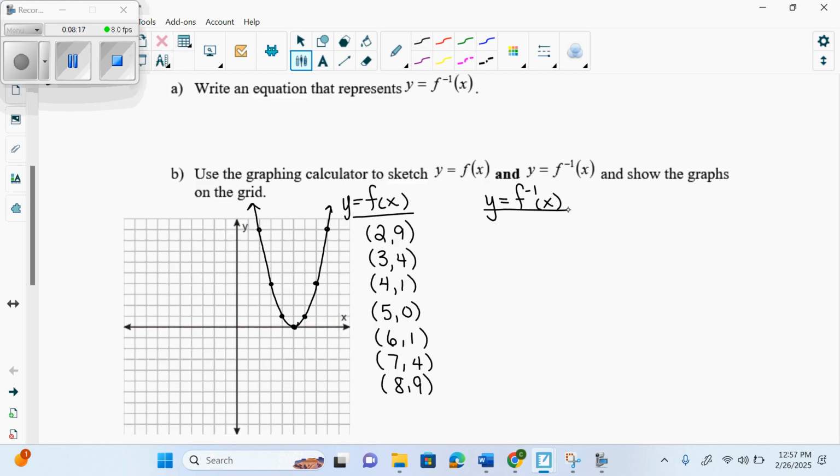It's way easier. So 2, 9 is going to become 9, 2. And 3, 4 is going to become 4, 3.